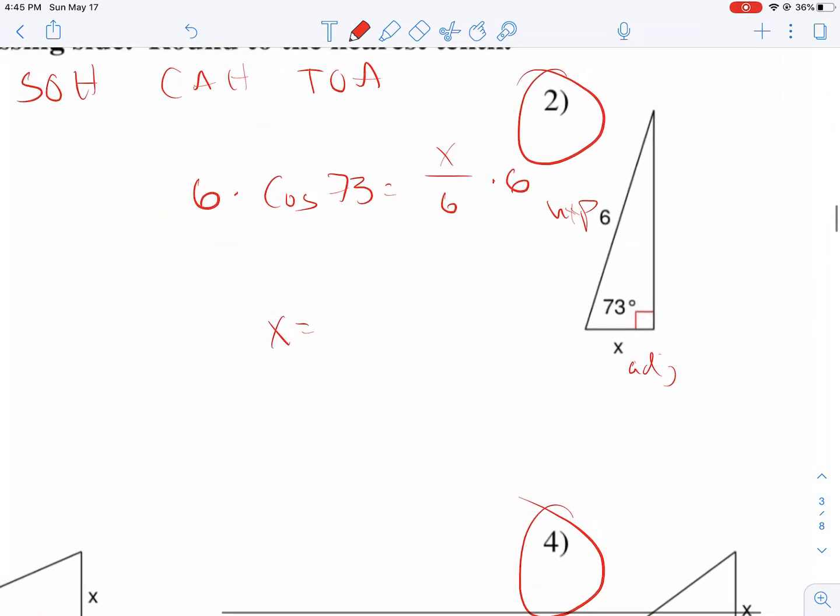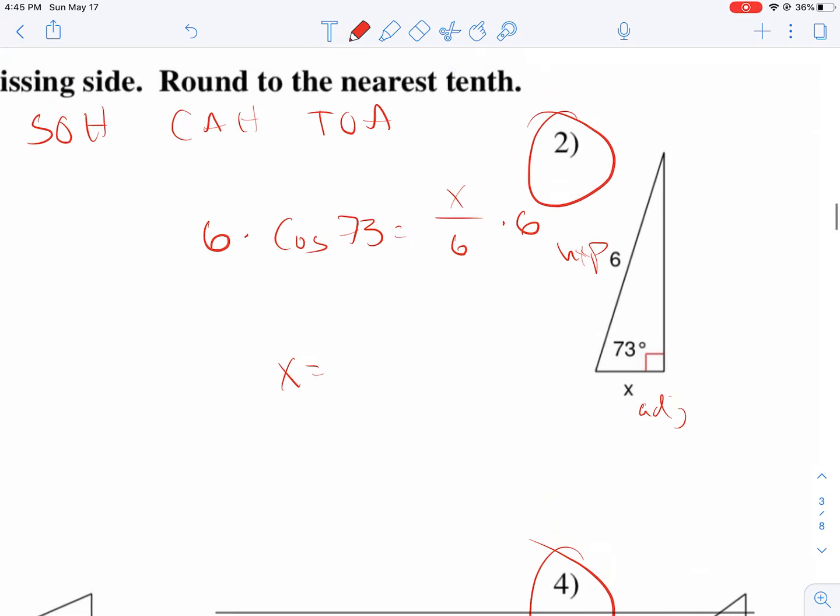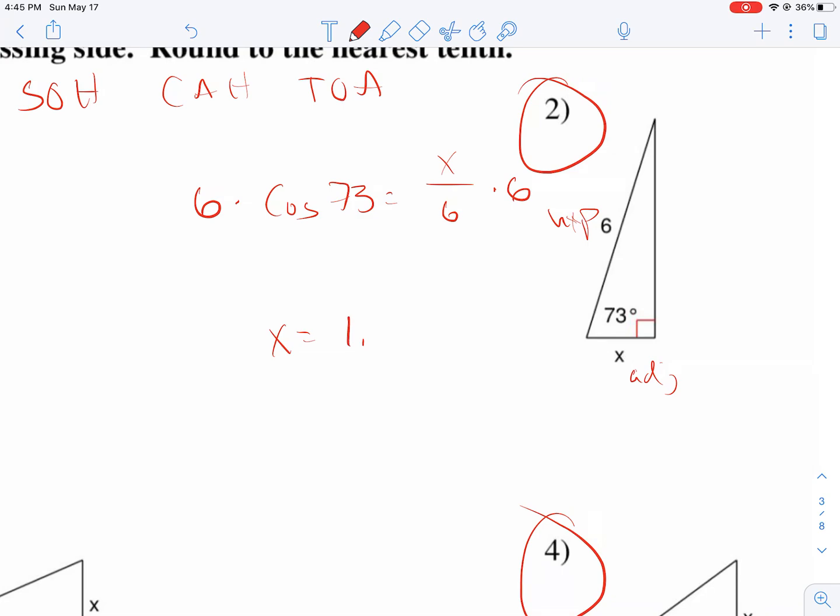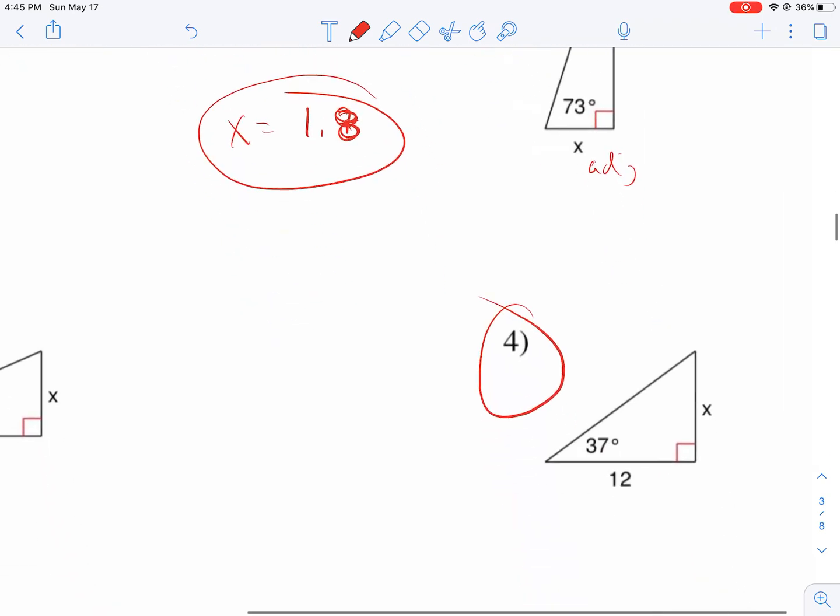Zoom in here so you guys can see better. So the cosine of 73 times 6. You get x is equal to, and this is round to the nearest tenth, so 1.7, or I'm sorry, 1.8. Okay, so that's your answer for that one.